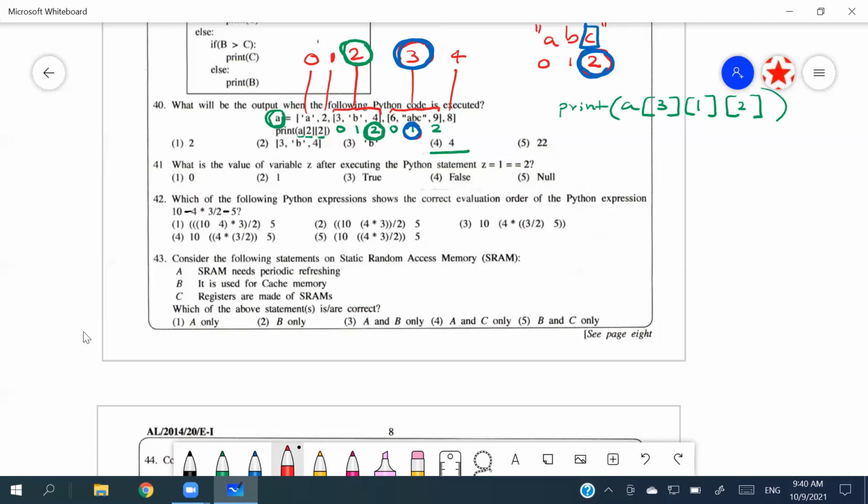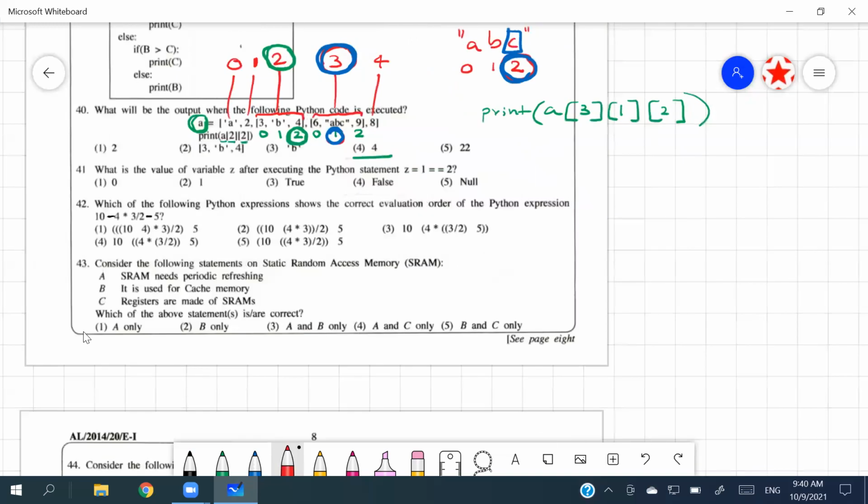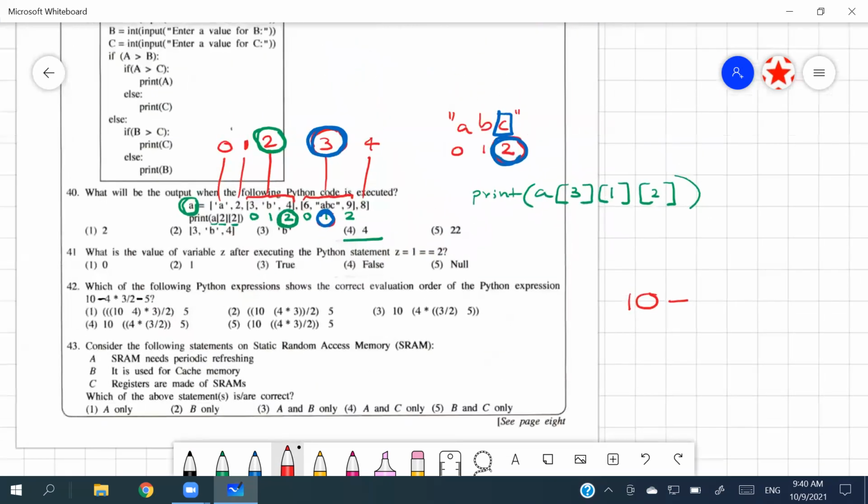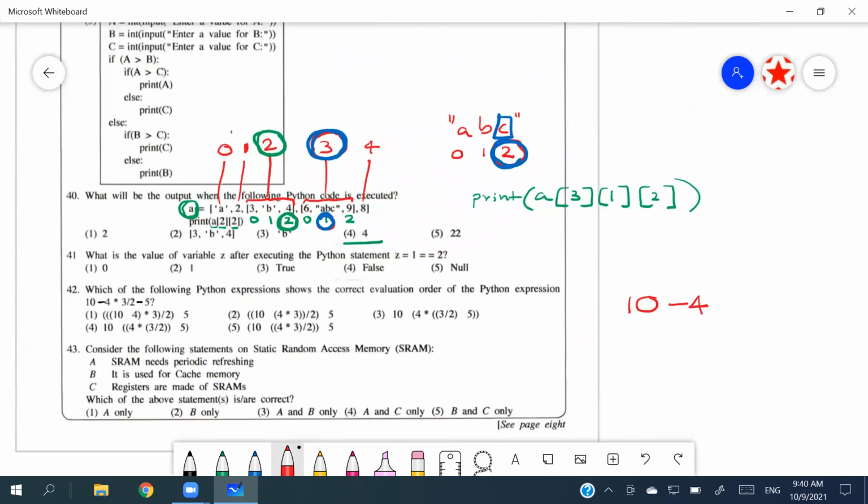Right? So if I illustrate it clearly, 10 minus 4 into 3 divided by 2 minus 5, right?